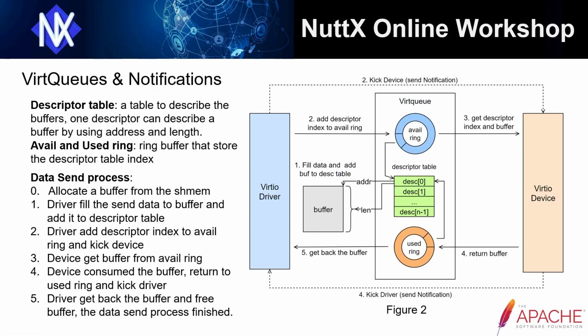Next, the driver will add the corresponding descriptor index to the available ring and send a notification to the VirtIO device. The VirtIO device will get the corresponding index from the available ring and find the buffer from the descriptor table based on this index.